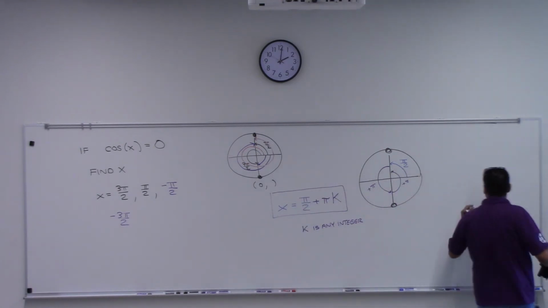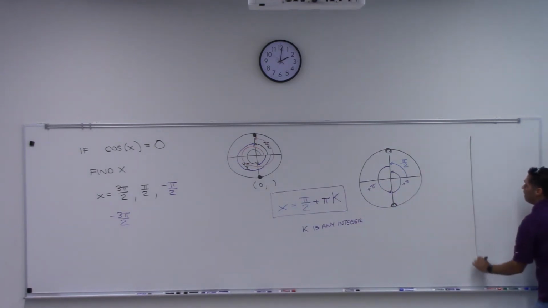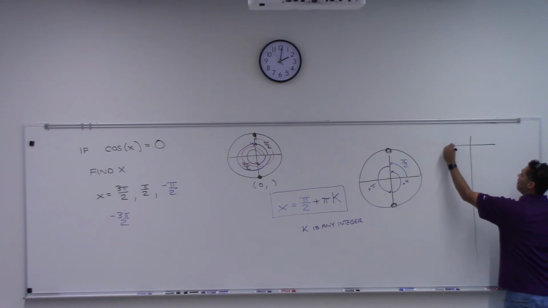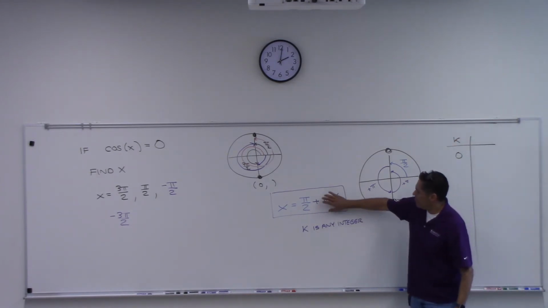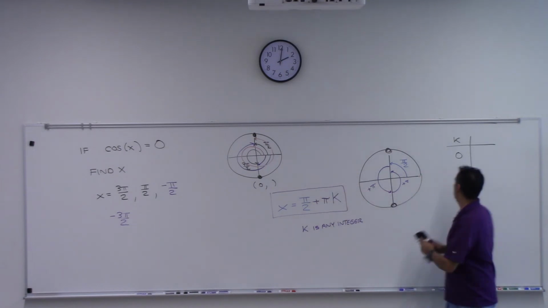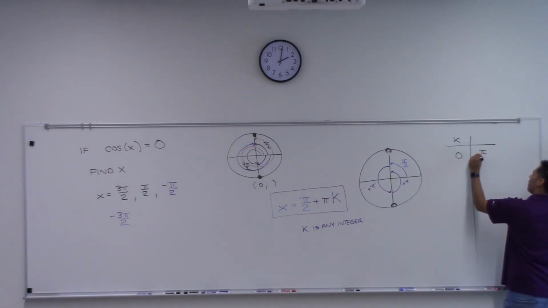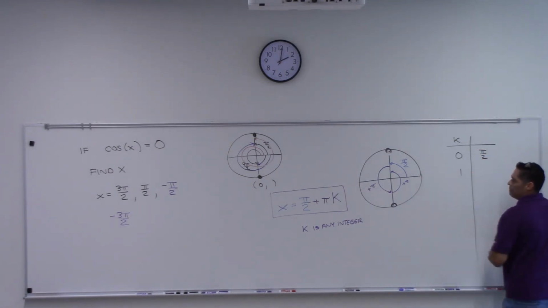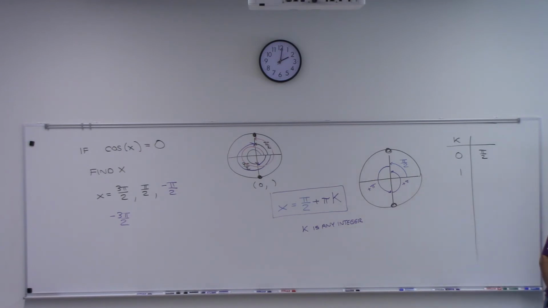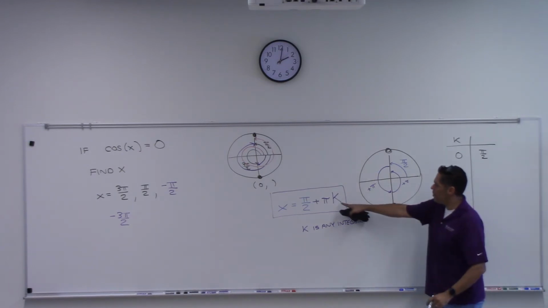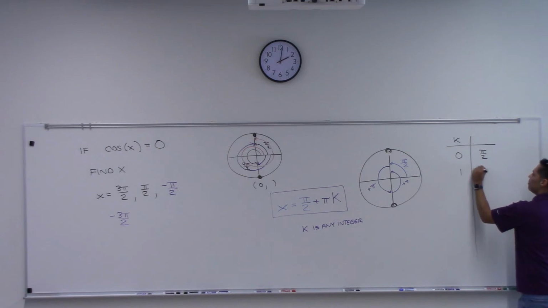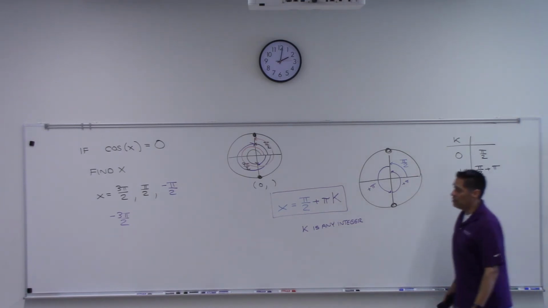So think of it this way. I can start spitting out the answers like this. I'm just going to plug in some values of k. If k is 0, what's the answer? Pi over 2. Okay, what if k is 1? Because remember, k can be any integer. If I put a 1 there, I get pi over 2 plus pi. How do you add pi over 2 and pi together?